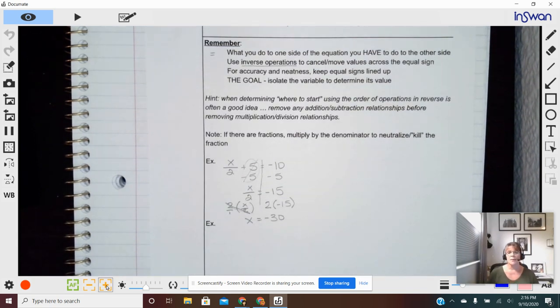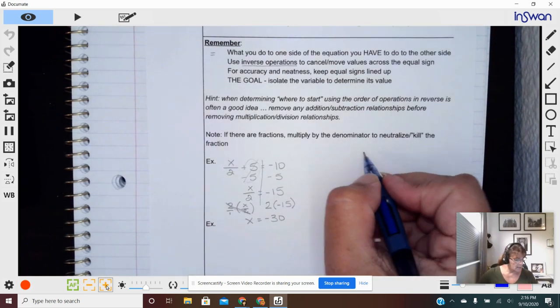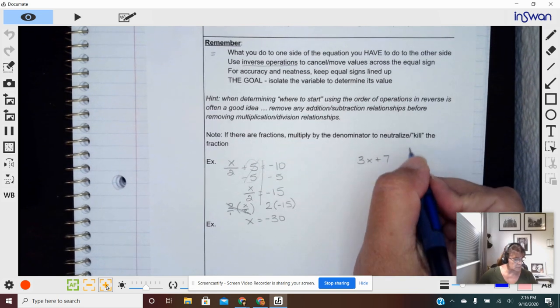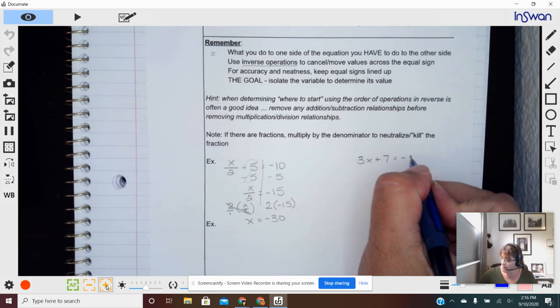I'm going to do a bonus one for you as well. This one's a little simpler, but it's going to come up a lot. And that is this one, 3x plus 7 equals negative 2.